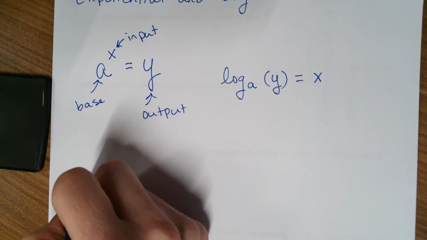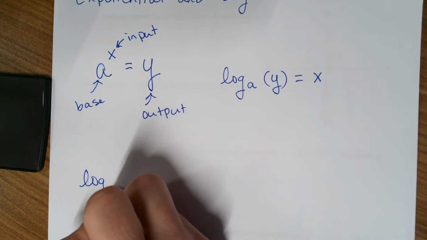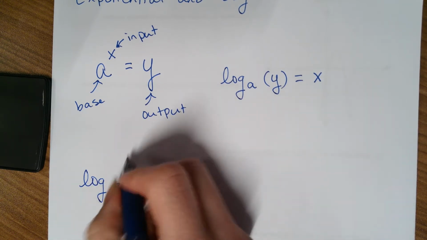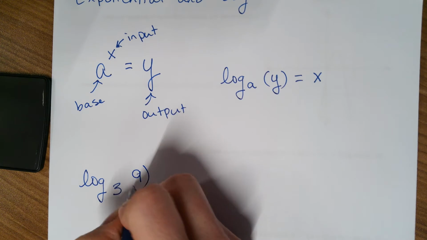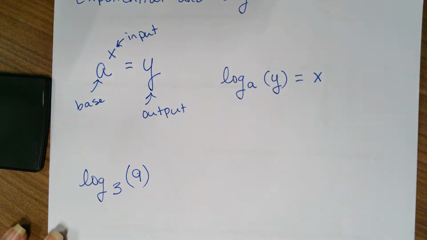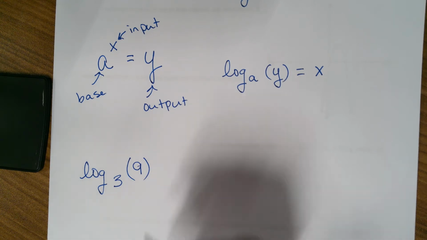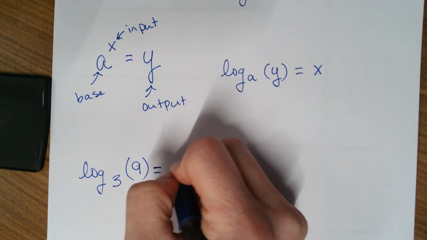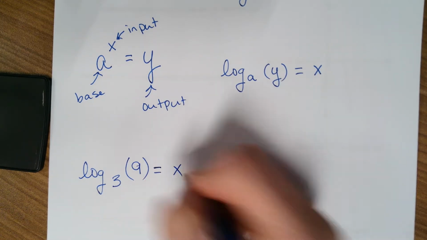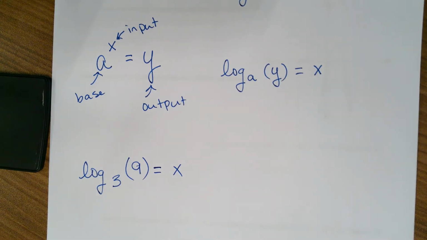So let's say that we have log base 3 of 9. Notice I don't have it equal to anything, but it does equal something. So I'm just going to say it equals x. Now, right off the bat, it may not be exactly clear what this is equal to, but we can rewrite it in the exponential form to get a better idea.